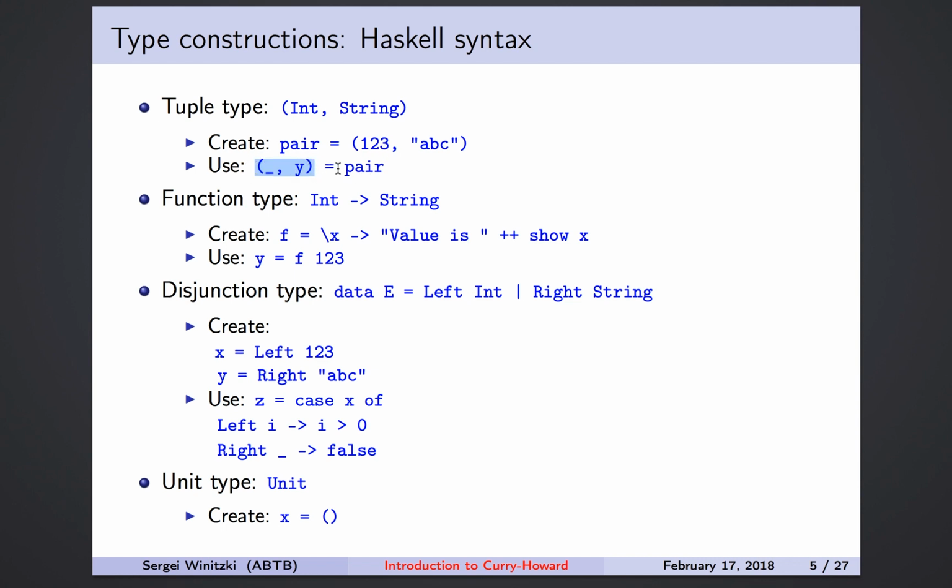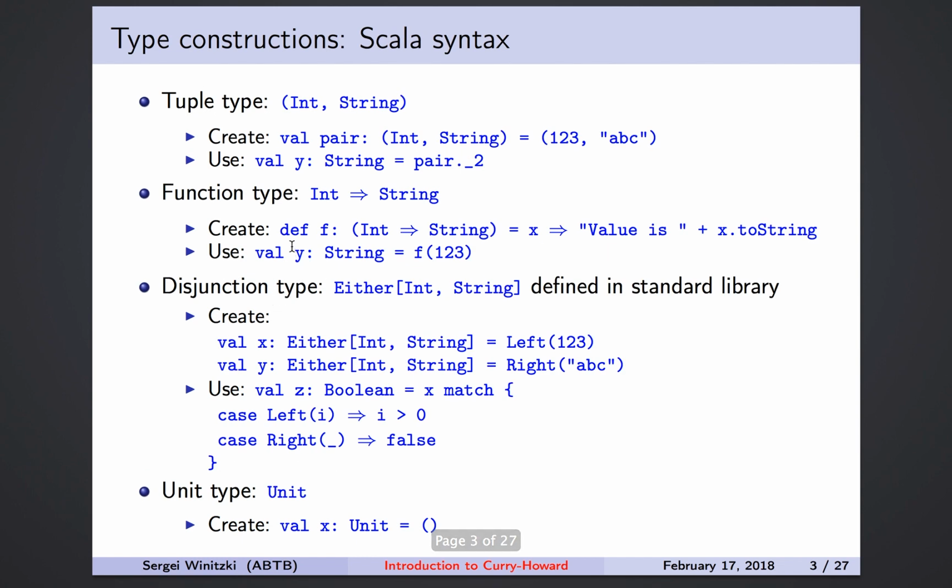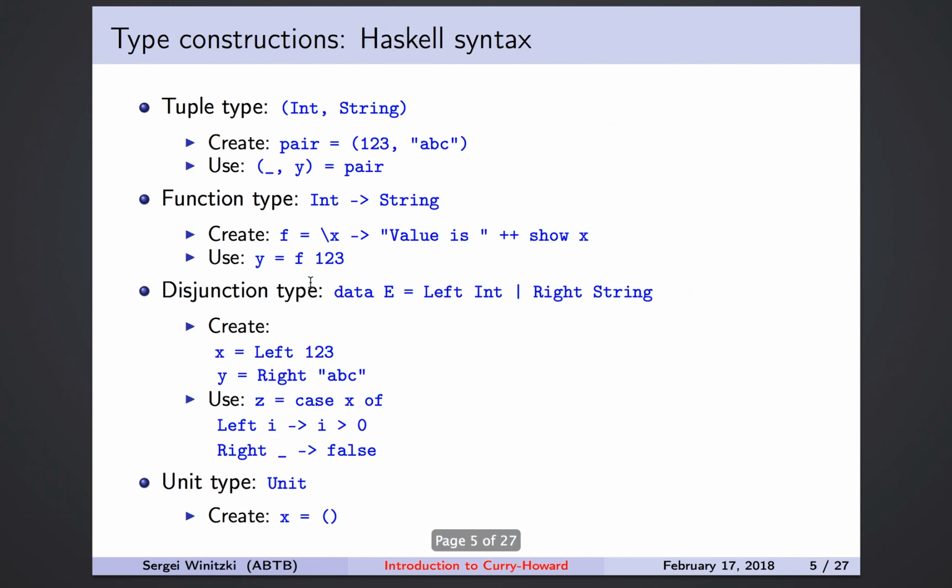This is the pattern matching syntax that extracts the second part of a pair. And y after this definition becomes a string value. Function type, very similar, except for the very short keyword, which is this backslash, that replaces the fun keyword or def keyword in Scala. In Haskell, this is the backslash keyword.